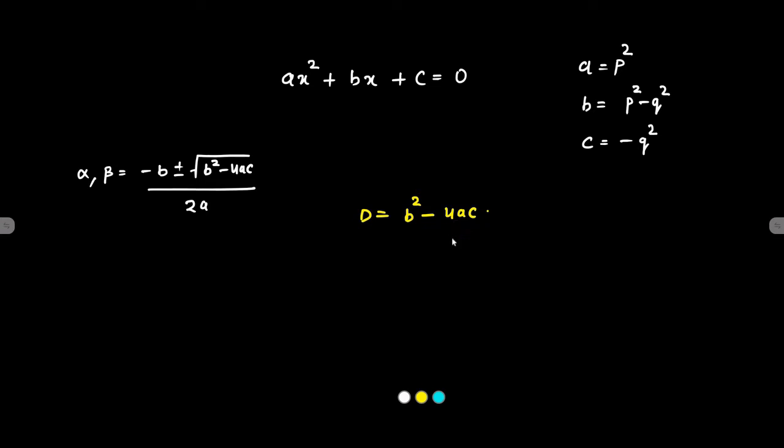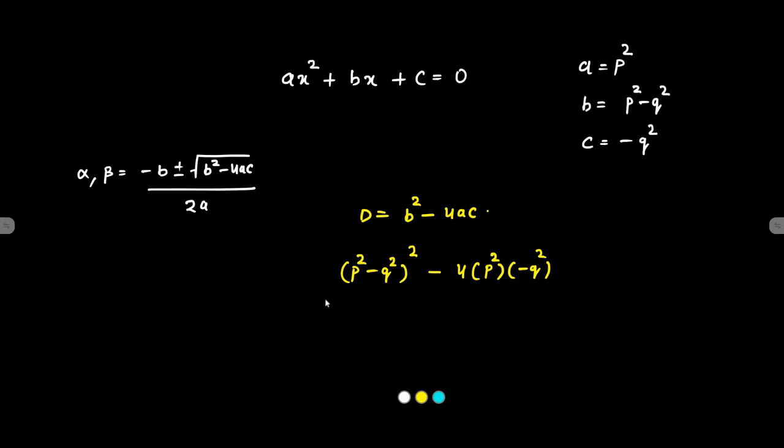So b square minus 4ac is equal to p square minus q square whole square minus 4 into p square into minus q square.